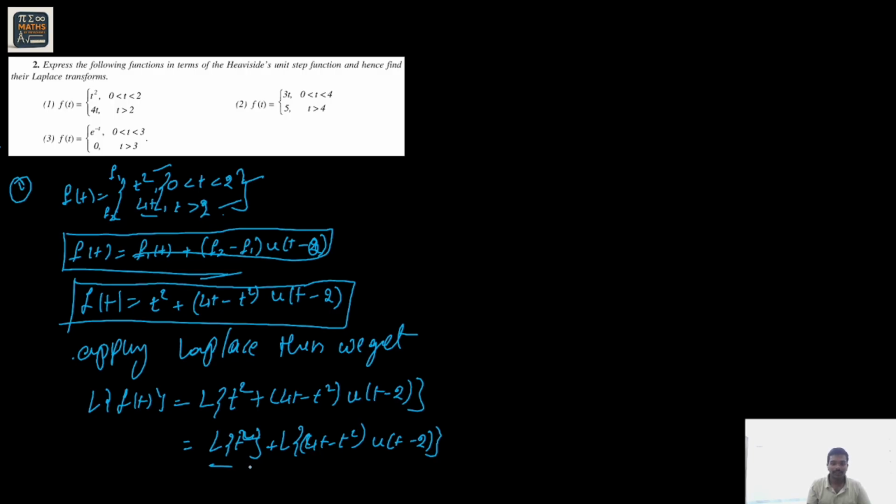We know that Laplace of t power n is equal to n factorial by s to the power of n plus 1. By using this for Laplace of t square, we substitute n is equal to 2, then we get 2 factorial by s to the power of 2 plus 1, which is equal to 2 by s cube.